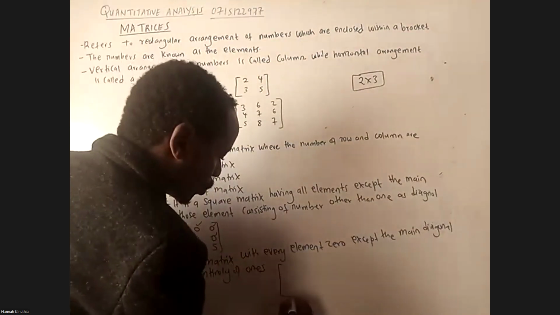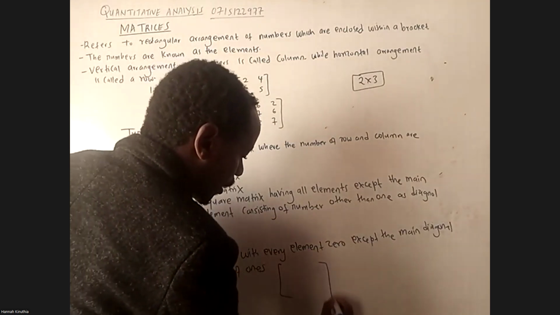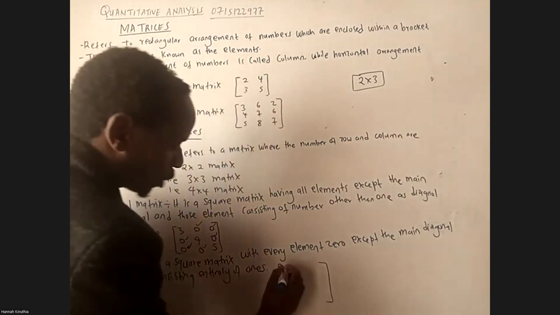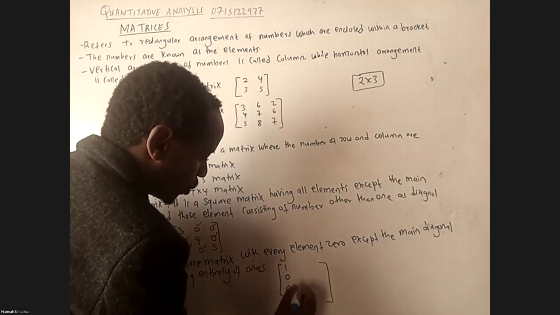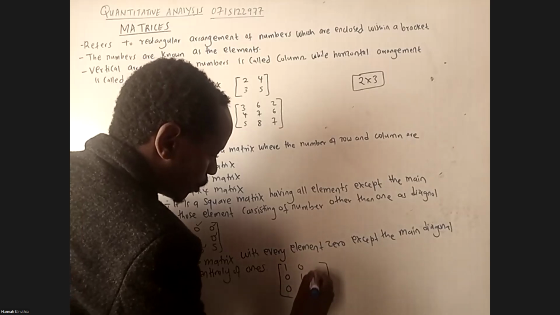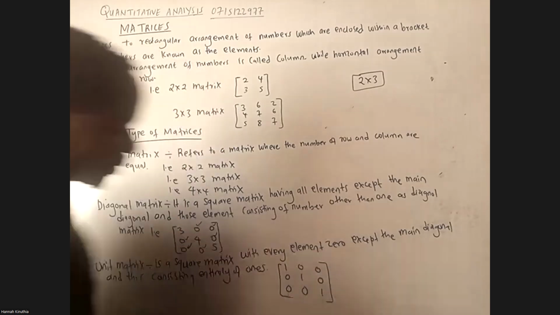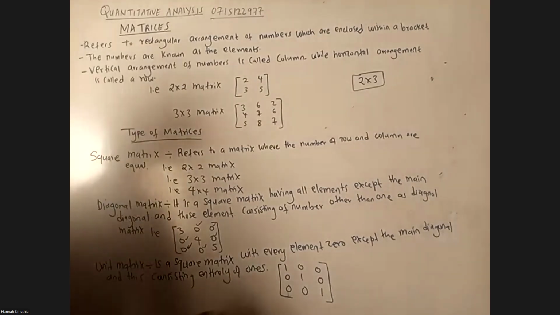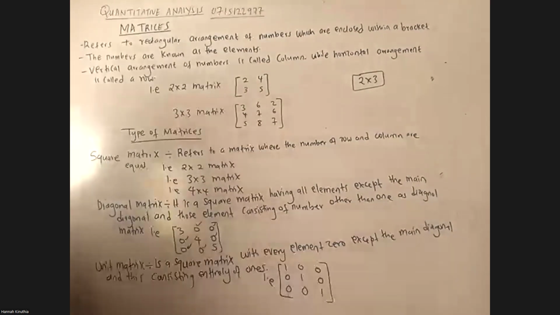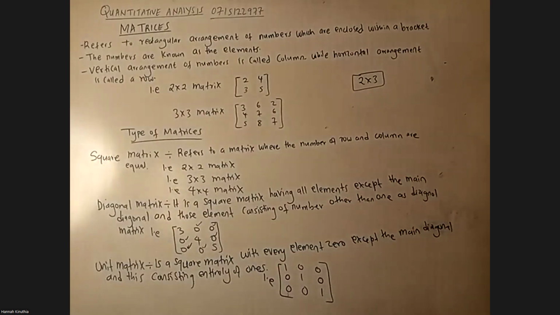Let us give an example: 1, 0, 0, 0, 1, 0, 0, 0, 1. That is a good example of a unit matrix.